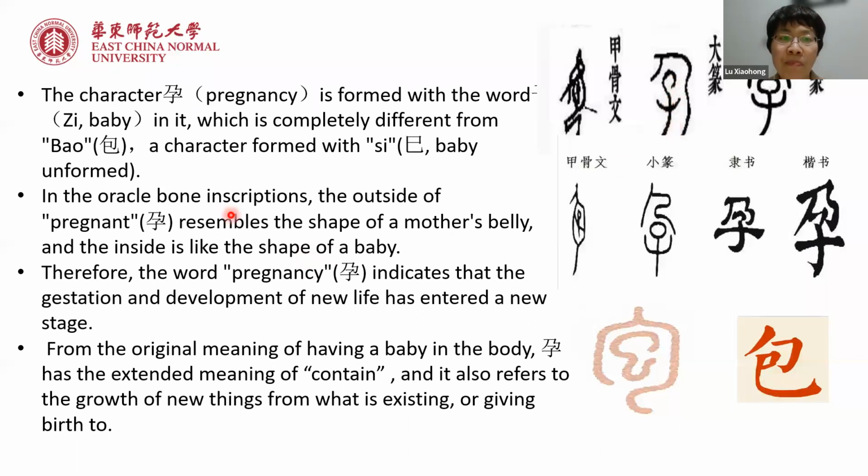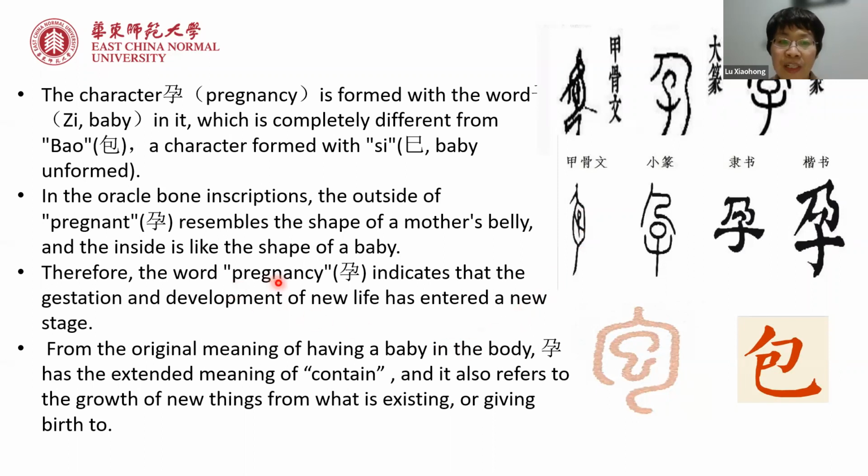So in the oracle bone inscription, the outside of 孕 resembles the shape of a mother's belly. Let's see the word. The oracle bone looks like this shape, or we can see more clearly the shape of a person, a belly, and the baby is in it.